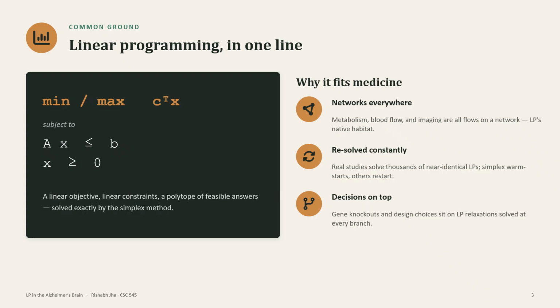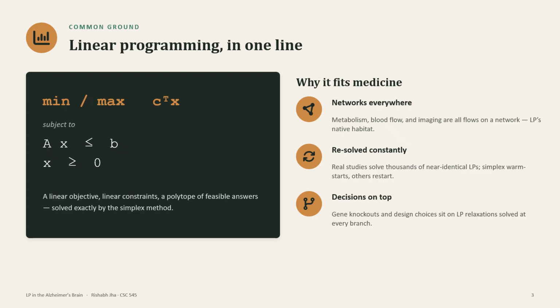So why medicine? Why can the simplex method, or linear programming, solve this issue in medicine? There are three reasons for that. The first one is network. Metabolism is in the form of a network, which gives the node arc incidence that the structural LP can solve much better.